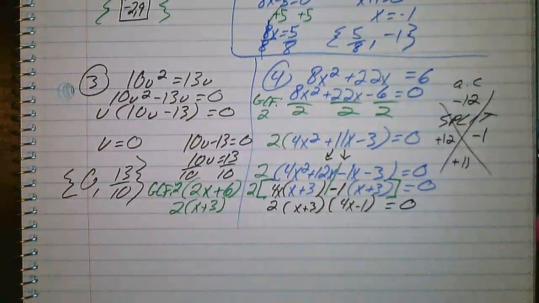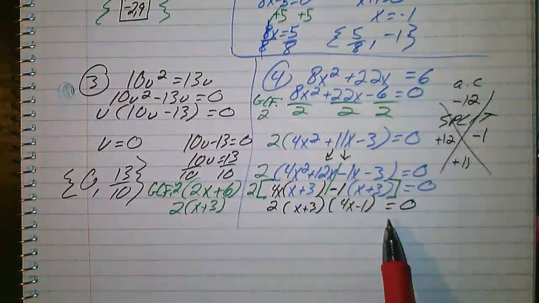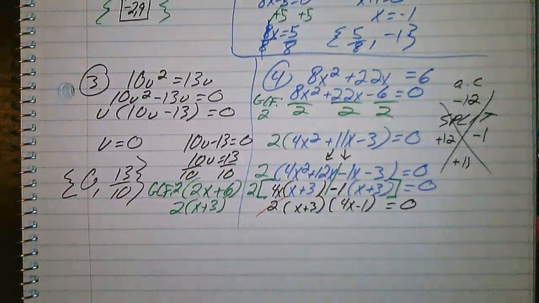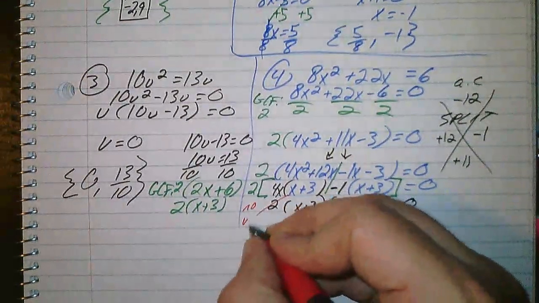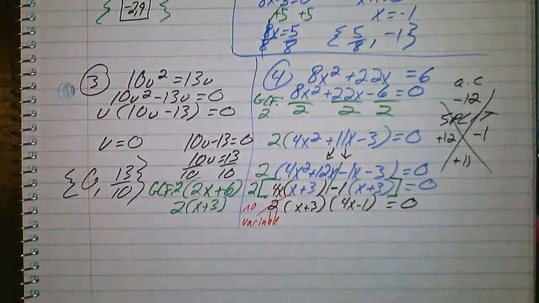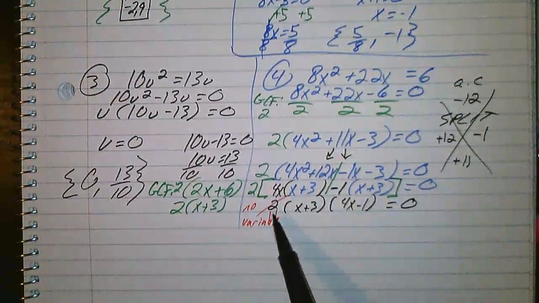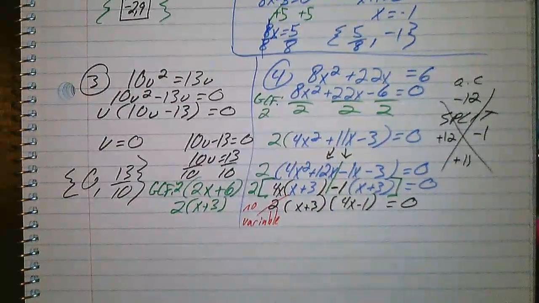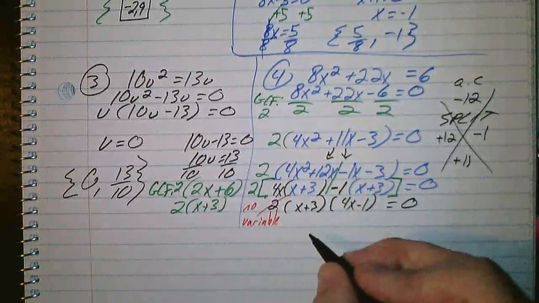We have completely factored this problem. But as we go to set our pieces equal to 0, we really don't care about the 2, because there is no variable. There's nothing to solve for in 2. We're only solving for the factors that contain a variable.